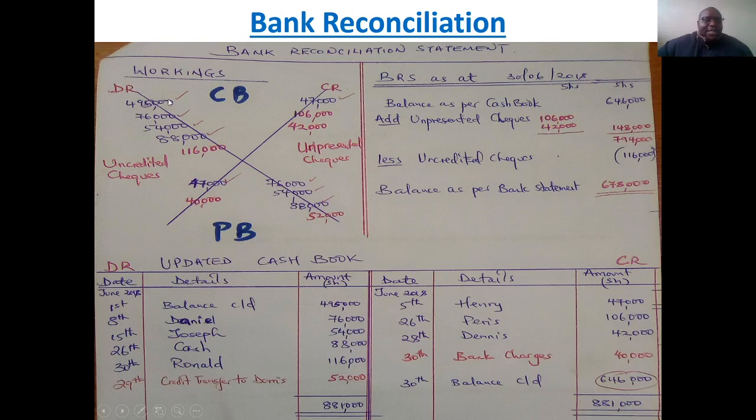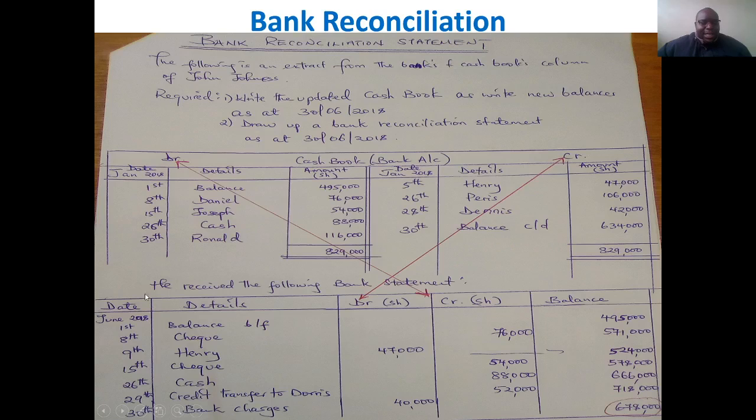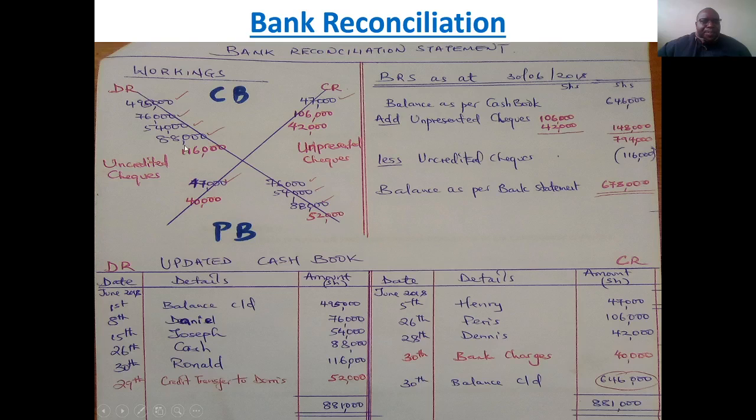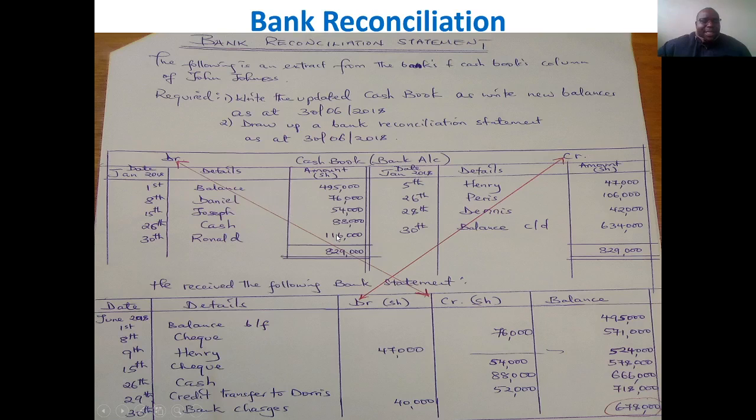So 495 DR side, 495, 76, 54, 88, and then 116. 116 is in the cash book, but it is not reflected here.